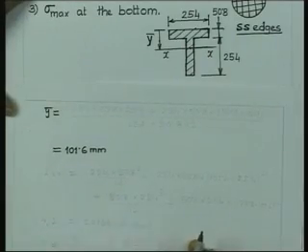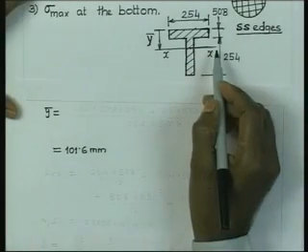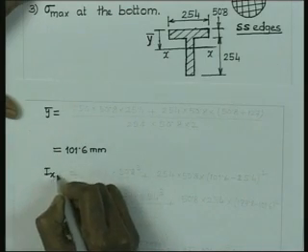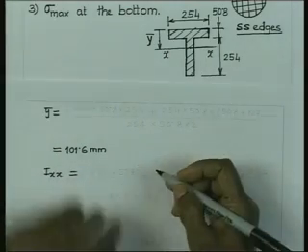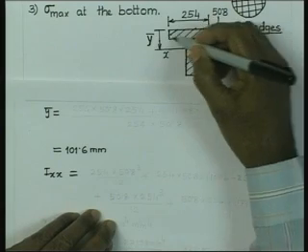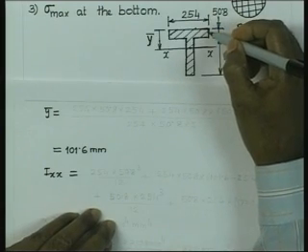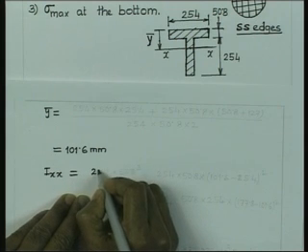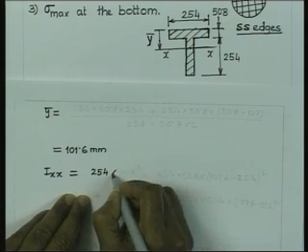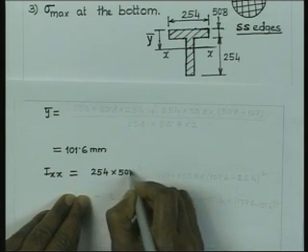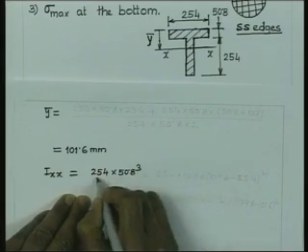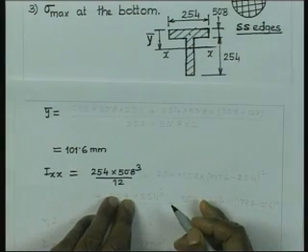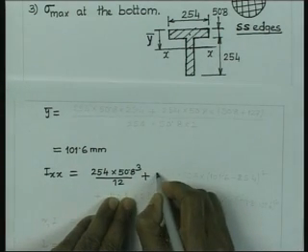Now, if we know that, I can calculate the moment of inertia of this section, Ixx. We consider this segment which has dimensions 254, height 50.8. So, the moment about its own CG parallel to x axis is 254 into 50.8 cube by 12. Then we apply the parallel axis theorem.